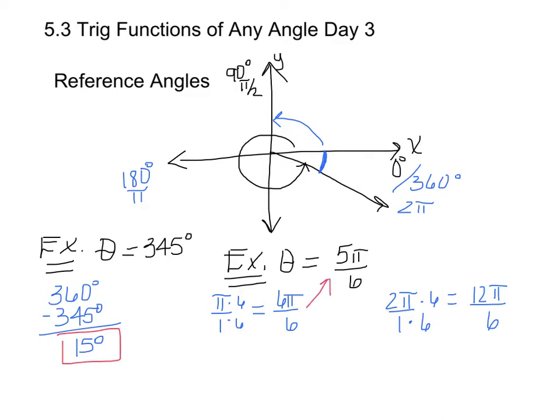And you would subtract again, which would equal 1 pi over 6, which is smaller than pi over 2. So that is an acute angle.